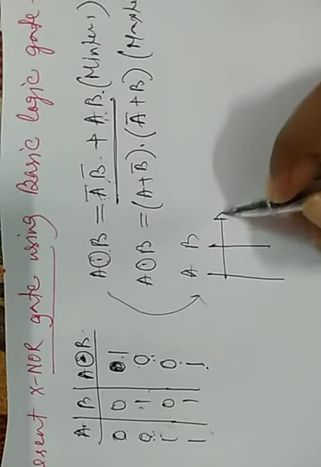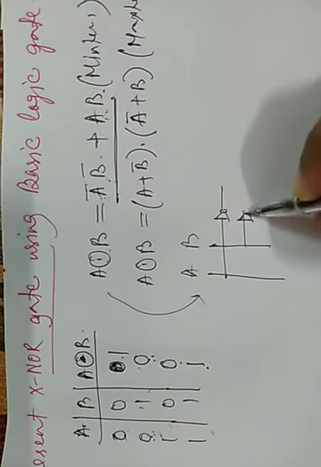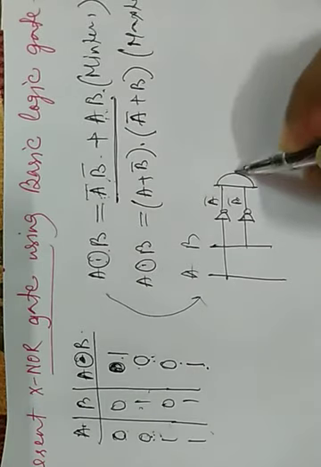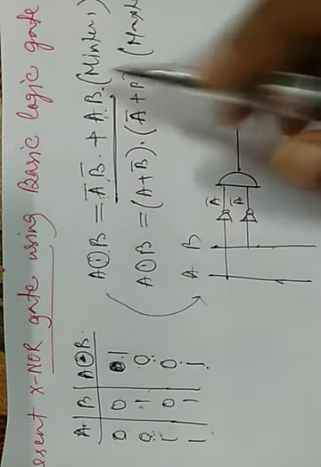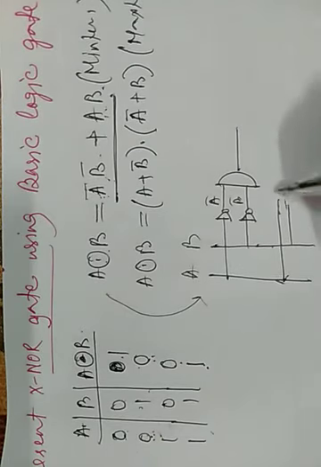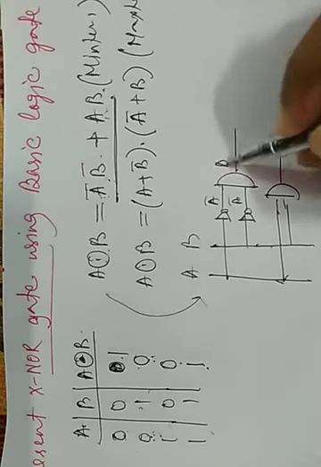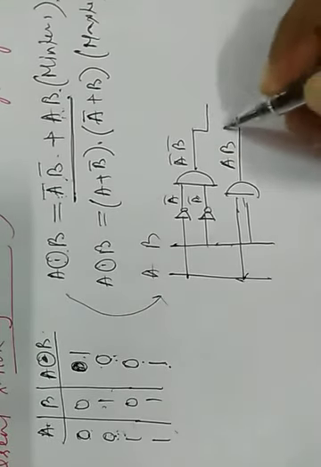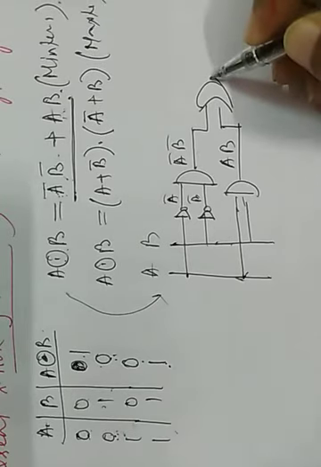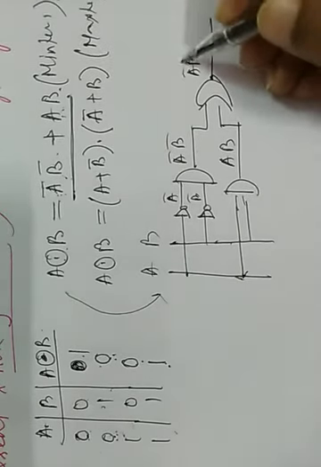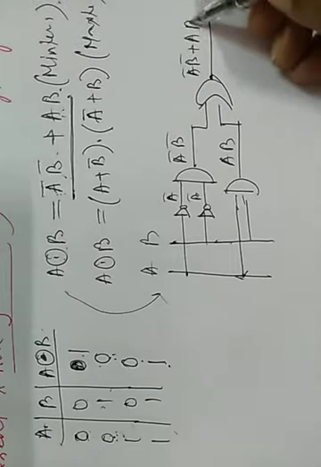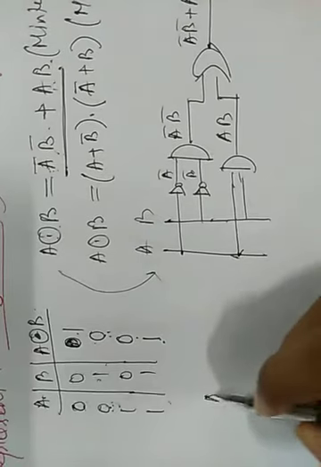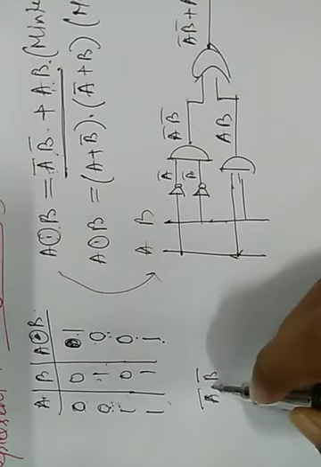A bar B bar, that means A complement and B complement, and A dot B. So this is A bar, B bar, and this is A, B. We do an OR operation: A bar B bar plus AB. But don't write it here, I am telling you again, A bar B bar means A bar dot B bar.